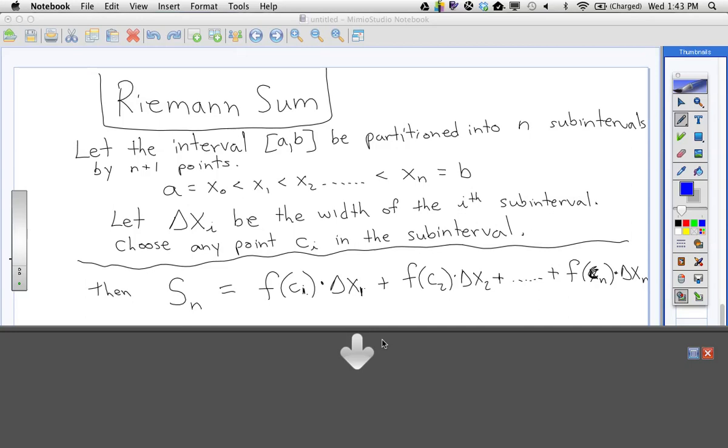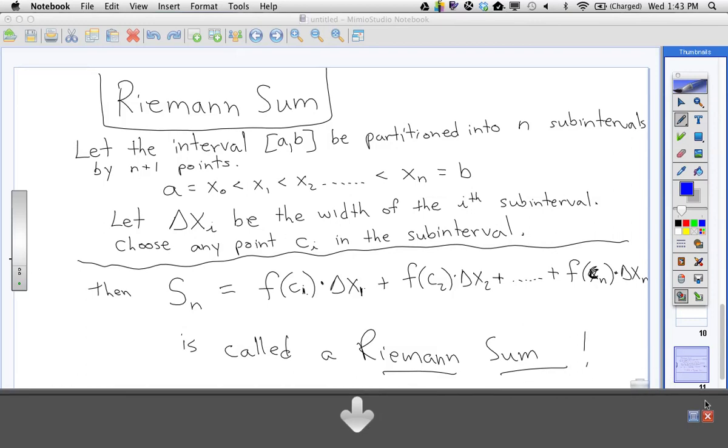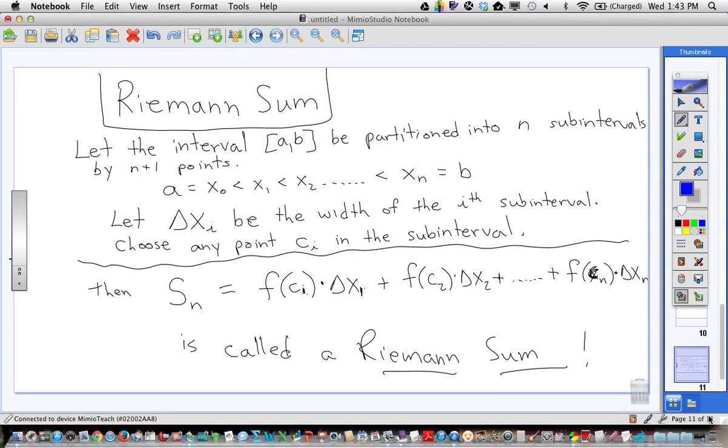So, to summarize, in common ordinary language, a Riemann sum is adding up a bunch of rectangle areas. R for Riemann, R for rectangle. A Riemann sum is adding up a bunch of rectangle areas. This is just the mathematical notation for how it's going to look. But it's important mathematical notation.